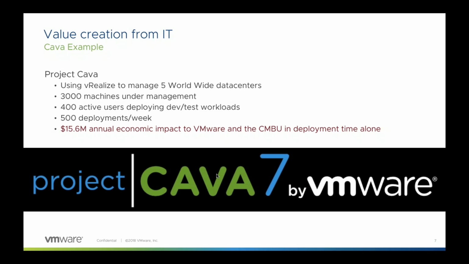And so we typically do about 500 deployments a week. And so looking at the time savings, just in terms of engineers not having to go deploy all those applications themselves, it comes out to be about $15 million a year in economic impact. Then you look at what else they get done, and it's even higher. But we'll go for the little numbers here.